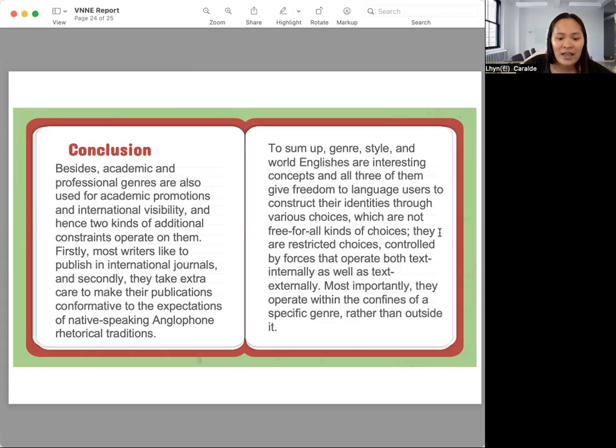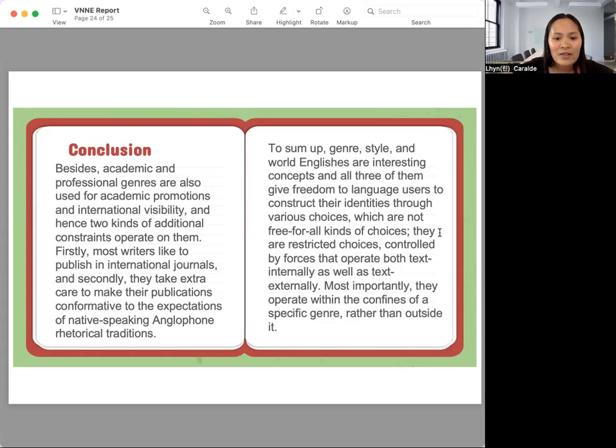Most importantly, they operate within the confines of a specific genre rather than outside it. So how do we use English in different genres, styles, and world Englishes?